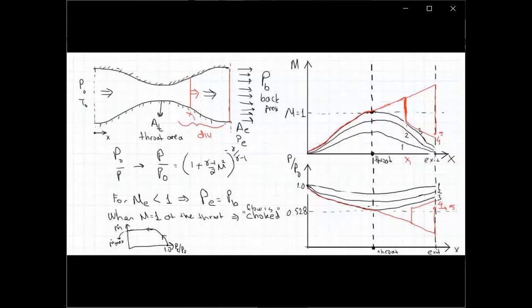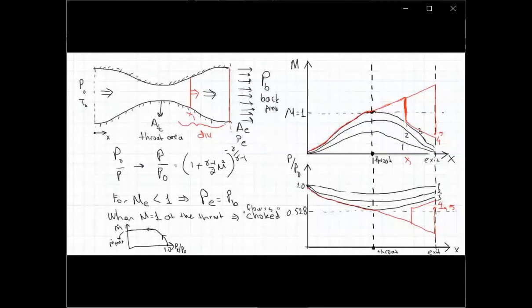And similarly, if this is a rocket engine, and there's a shock wave sitting right at the exit plane, that will first of all cause a big stagnation pressure loss. That's not good for your engine. Plus, if you have a low Mach number exiting your rocket, that's not going to create a lot of thrust.